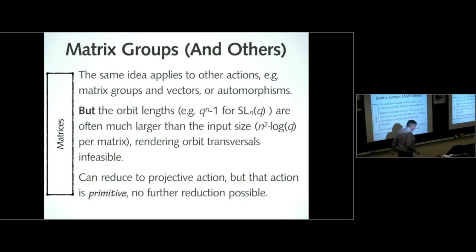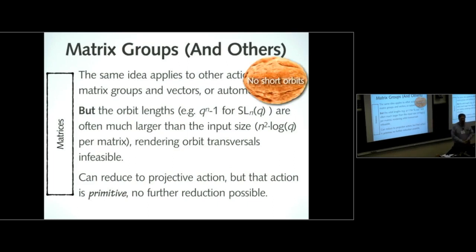One could ask, can we use other orbits? Well, we could say, let's not act on vectors, let's act projectively. Let's act on one-dimensional subspaces. That action is primitive, we can't reduce further, but that gives us a factor q minus 1, which doesn't resolve the exponential problem. Are there other actions which would give us short orbits?